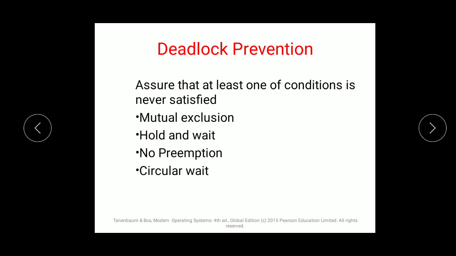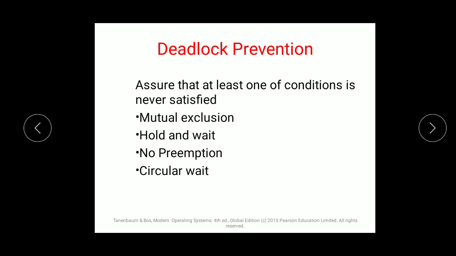Circular wait condition. If any of the resource dependencies is removed, the circular wait condition will not occur. And out of all these four, if any one does not hold, say I remove the circular wait condition, then the other three also cannot make a deadlock.